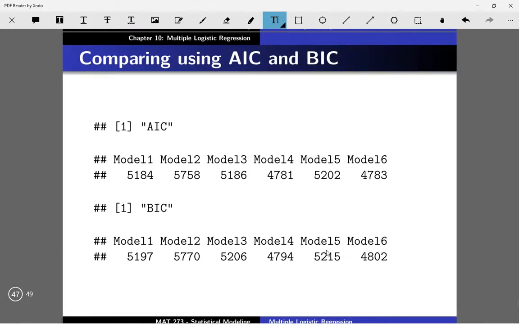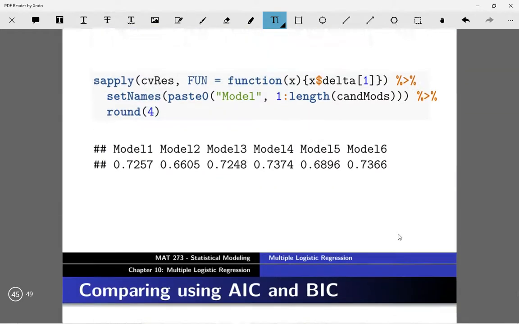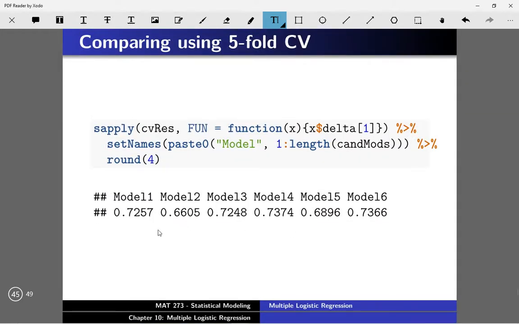Even though, like I said, I prefer cross-validation myself, it is computationally more expensive than AIC and BIC. When we do cross-validation, we have to fit the model 5 times because we have to fit it for each fold of the data if you're using 5-fold cross-validation. If you're doing leave-one-out cross-validation, you have to fit the model n times, where n is the number of observations in your data set.